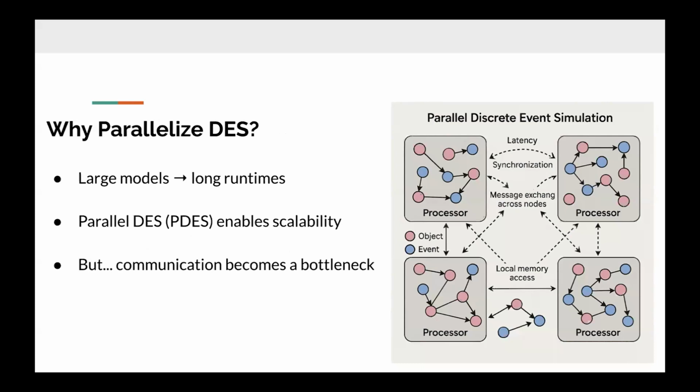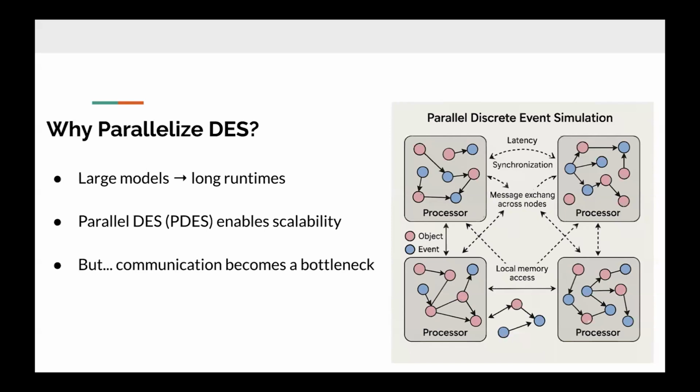The basic idea is to divide the simulation model across multiple processors or nodes, and each processor simulates a subset of the objects and processes the events related to these objects. That means they need to exchange messages across nodes, and the communication introduces latency. The cost of communication in a distributed system is orders of magnitude higher than local memory access.